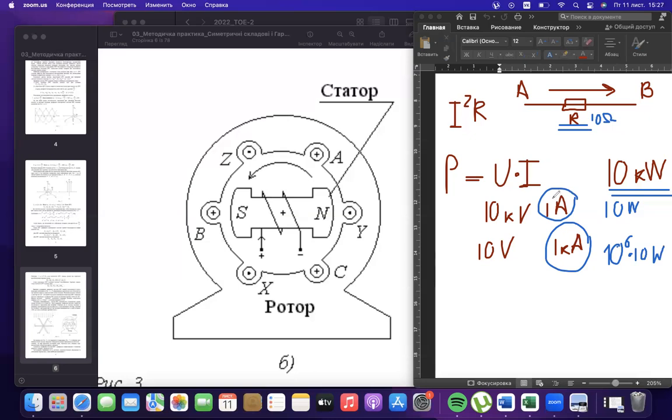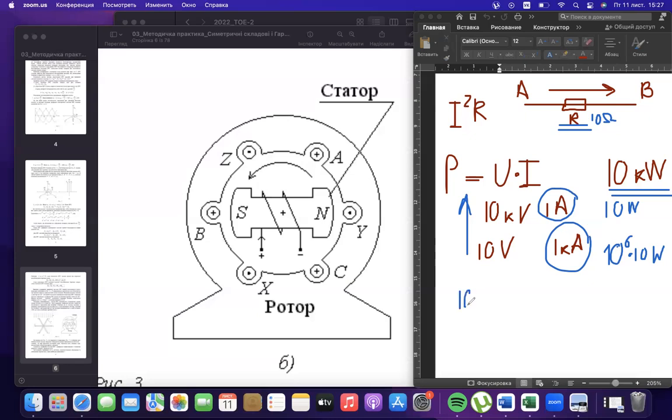That is why, to take a smaller current while reaching the same power, the voltage will be high. That is why we are transporting electricity at high voltage and ultra high voltage.